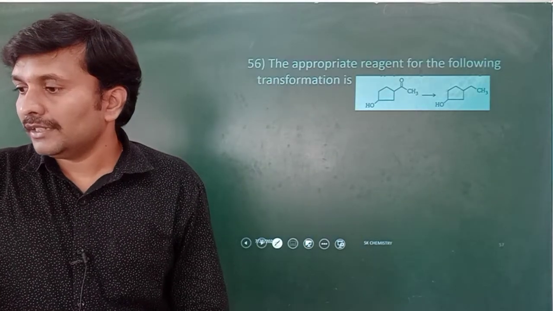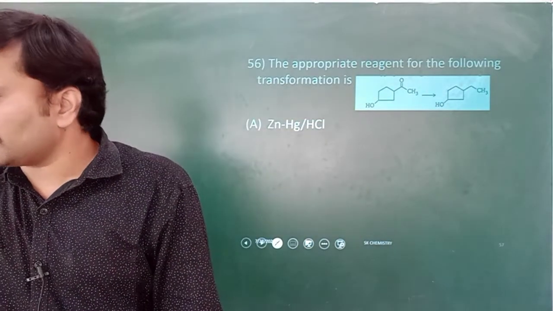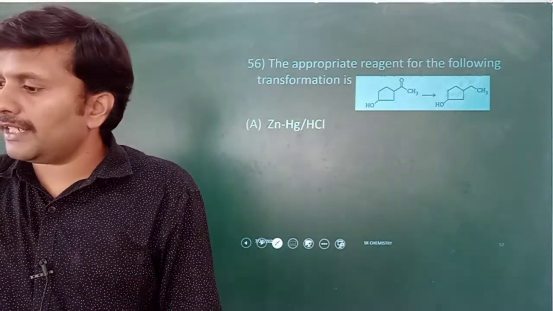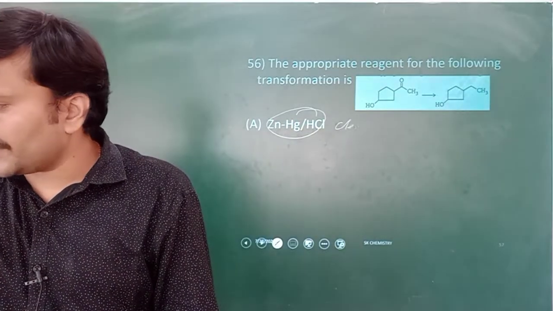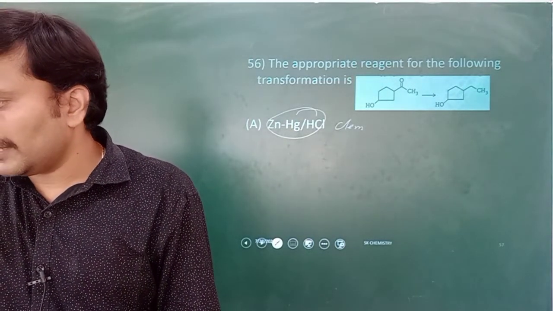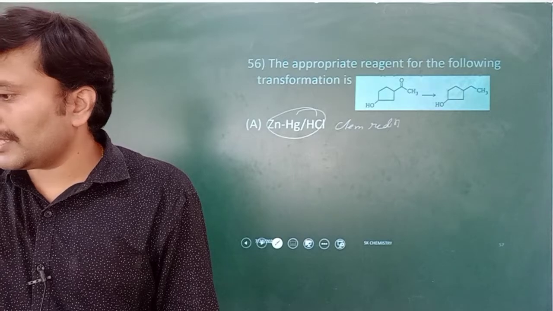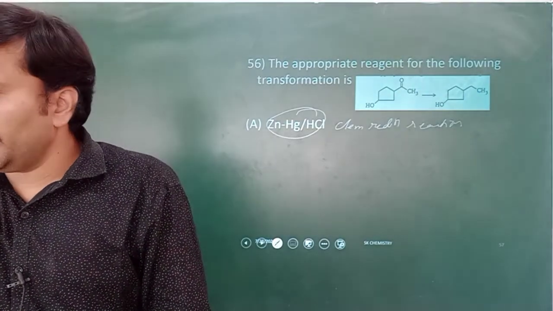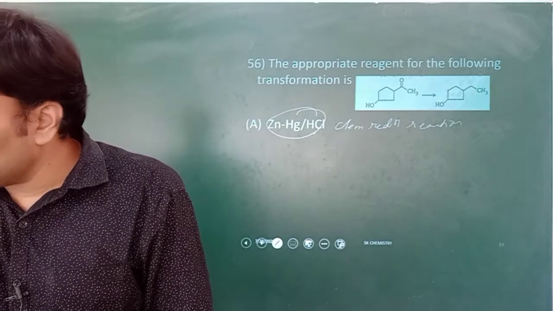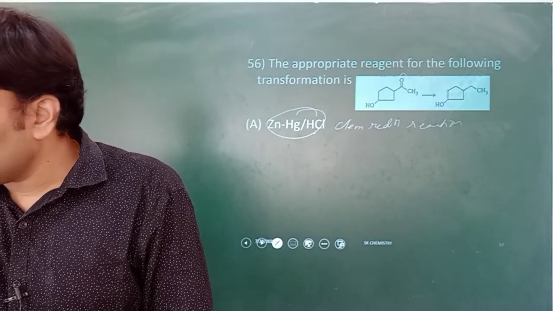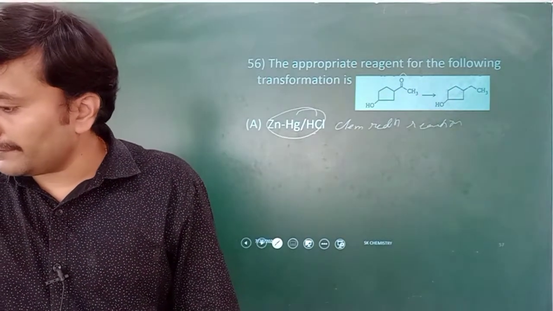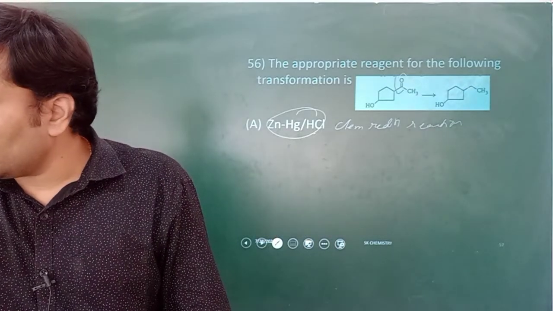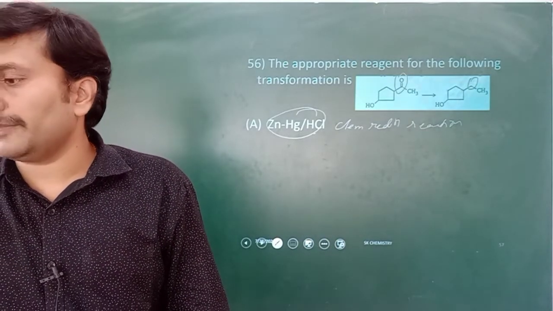Next, this is aldol. Here, zinc amalgam is for the Clemmensen reduction reaction. See, we have to look for the appropriate reagent. It will form an alkane. Yes, this is correct. You got an alkane: the C double bond O carbonyl group became an alkane.